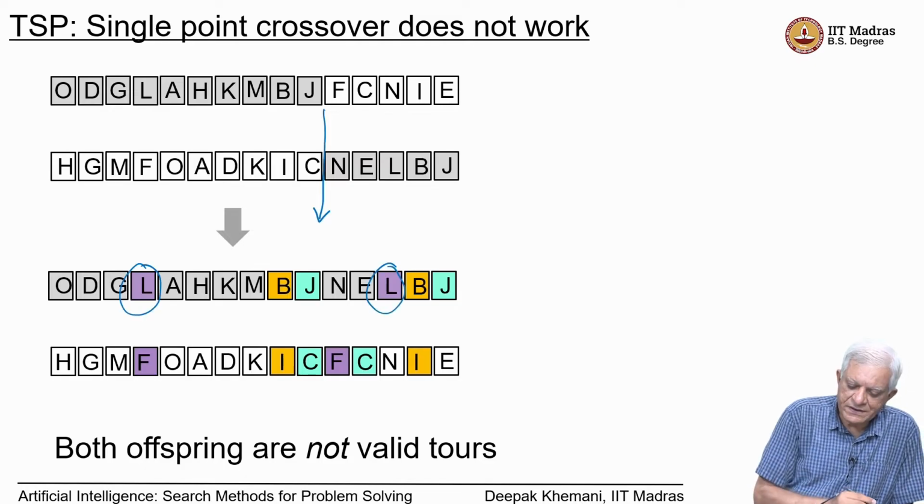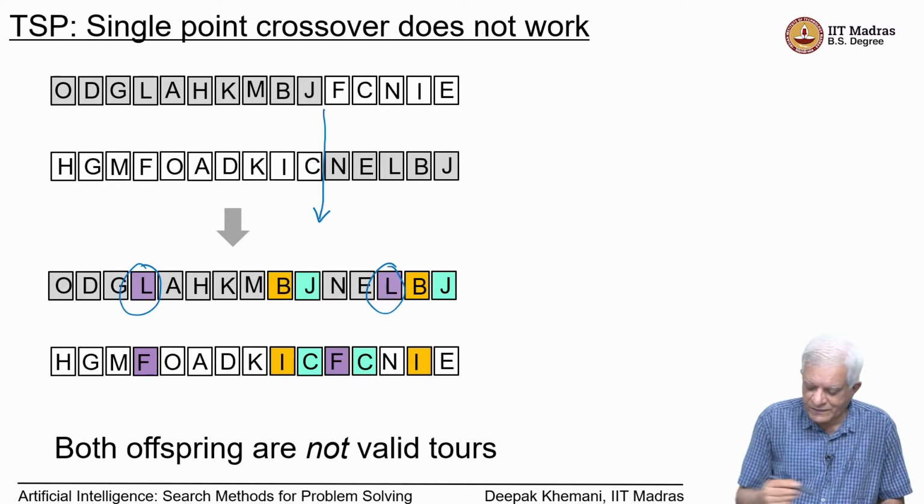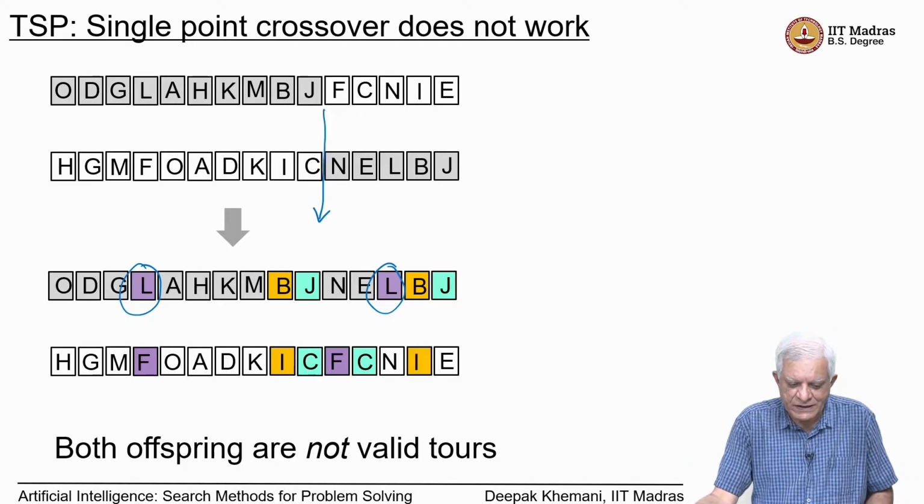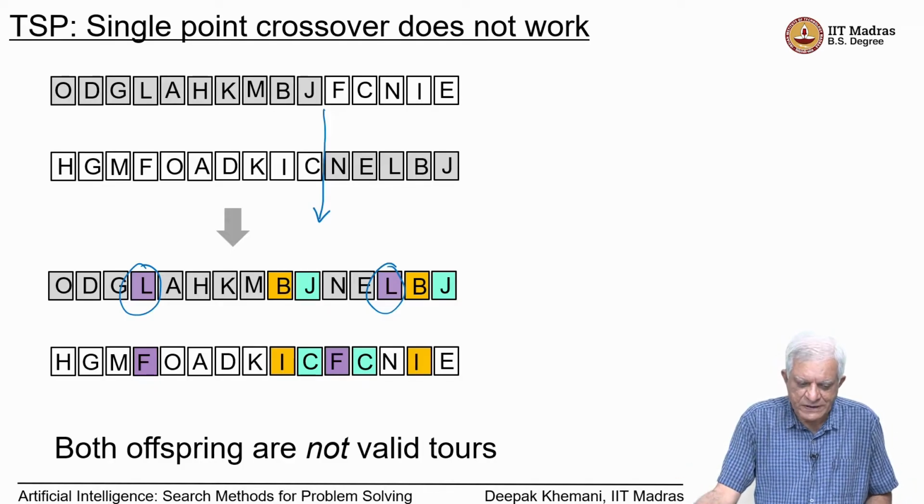So, L is repeated, and likewise B is repeated and J is repeated in the first child, and also some are repeated in the second child. So, the single point crossover does not work essentially, the offspring are not valid tours. So, we need something a little bit more interesting.